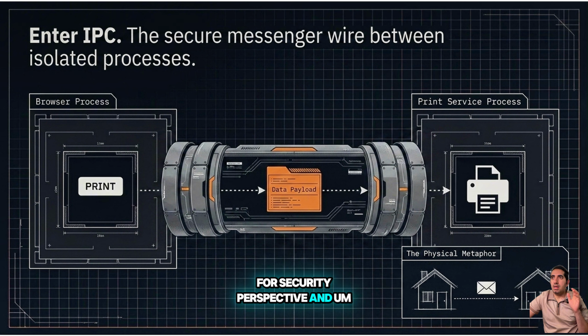The solution is IPC, or inter-process communication. Think of IPC as a secure, armored messenger wire between isolated processes. It's like the WhatsApp of the OS, or Telegram of the OS.